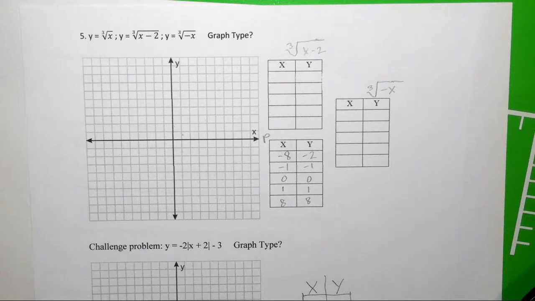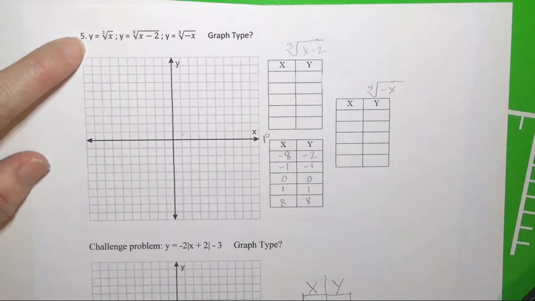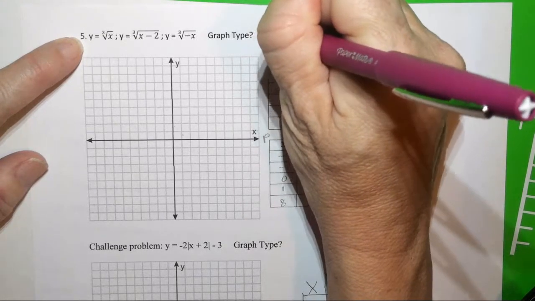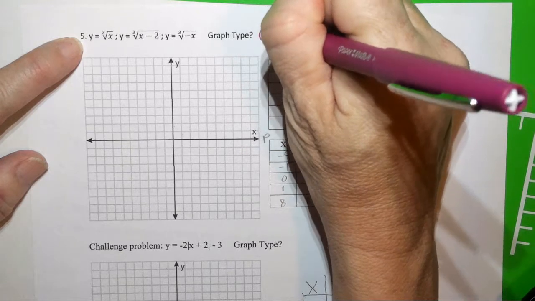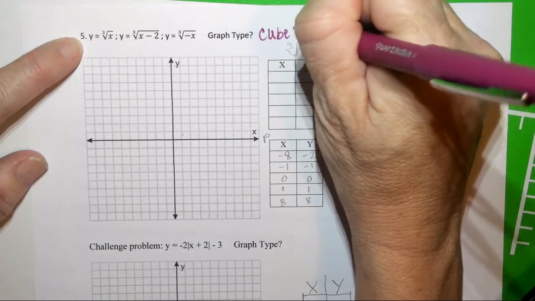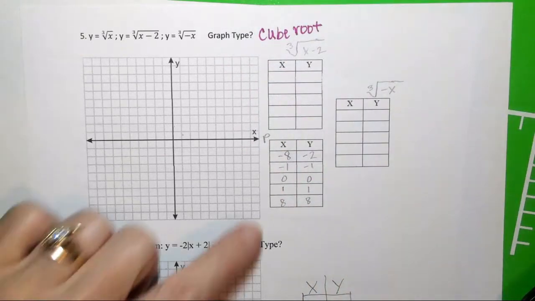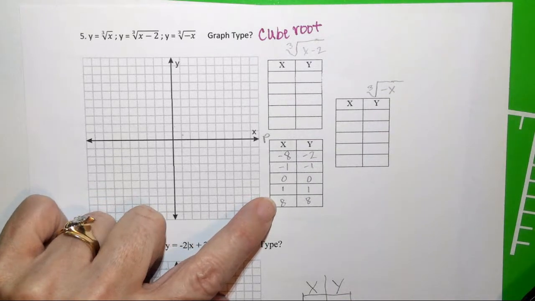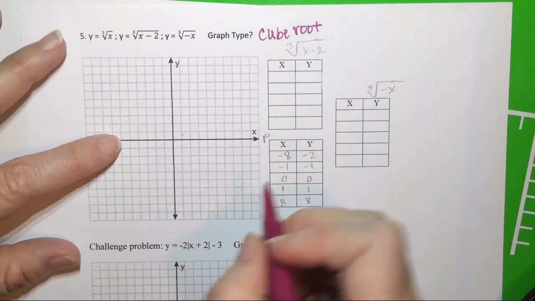All right, number 5, we have a cube root here, so this is our cube root function. Here's our parent function that we did earlier. So go ahead and graph those.